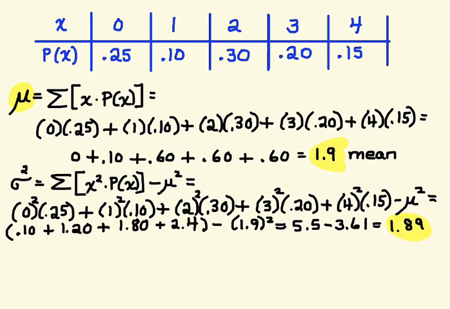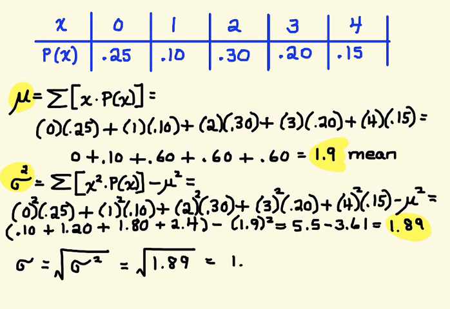Our variance is 1.89. And finally, our last step is to find the standard deviation. The standard deviation is the square root of the variance, and that is the square root of 1.89. I'm going to go back to my calculator, and I get 1.374.